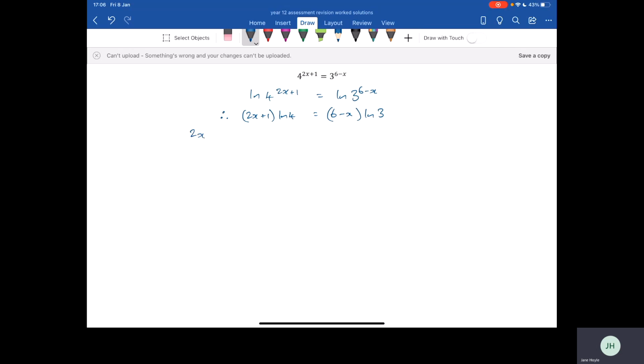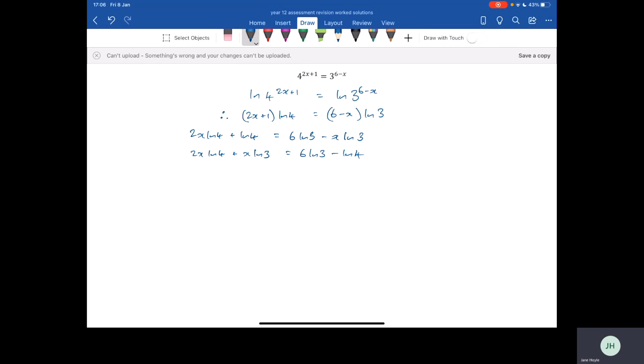So 2x ln 4 plus ln 4 is equal to 6 ln 3 minus x ln 3. I'm going to collect the x terms together on the left-hand side. That will make them both positive. And then 6 ln 3 minus ln 4.